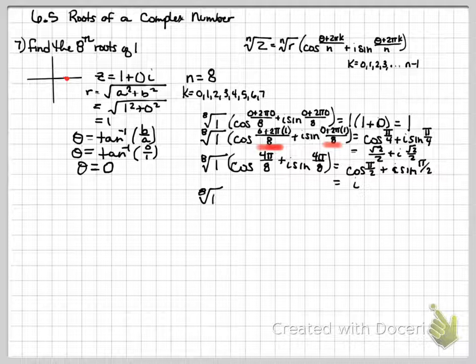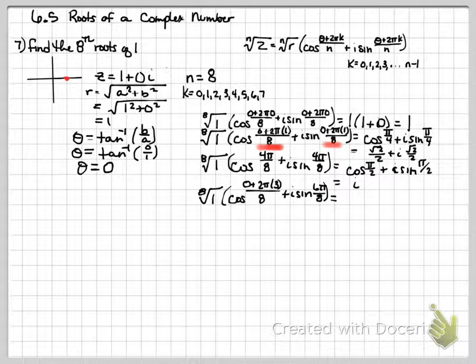Eighth root of 1 times the cosine of, this time now it's 2 times 3. So if you remember where we're at, 0 plus 2 pi times 3 over 8. So this is going to be I sine of 6 pi over 8.